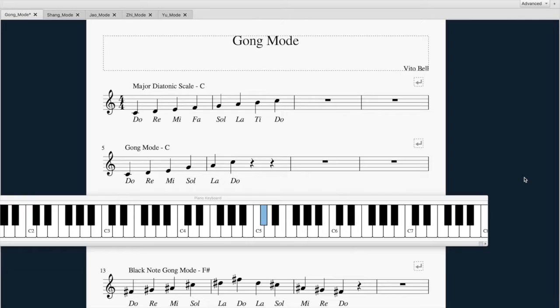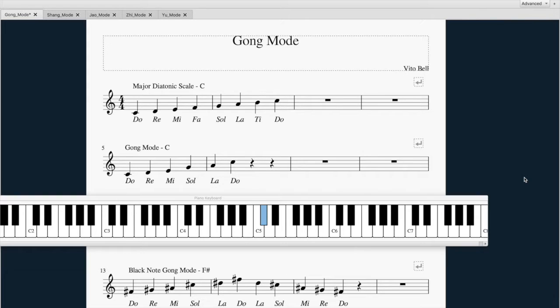And then last but not least, they will go into a short optional guided practice session, which will guide you through how I practice these modes and what I have found to help me be successful. So, jumping right into the first one, Gong Mode.